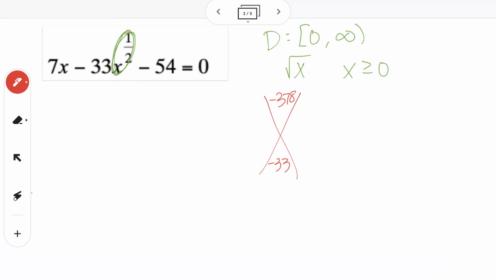Nope. 9 and 42. So it's going to be negative 42 and positive 9. That actually works as that pair. When we do this, again, we replace the middle term. So it's going to be negative 42x to the 1/2 plus 9x to the 1/2 minus 54.